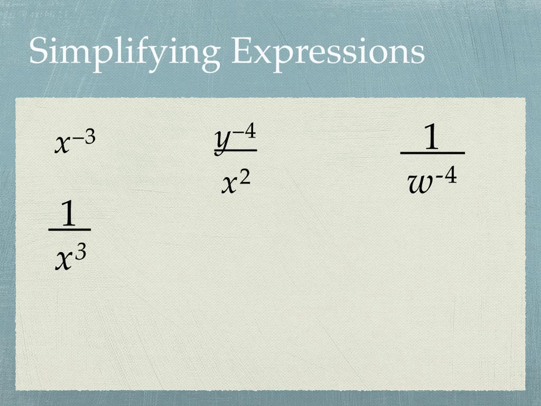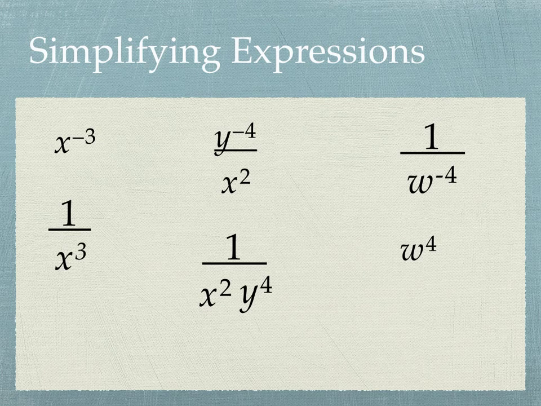And so this expression becomes 1 over x squared y to the 4th. In the 3rd example, the 1 is fine where it is, but the w to the negative 4, I need to change its place in the fraction, bring it up to the numerator. It becomes w to the 4th over 1, or just w to the 4th.